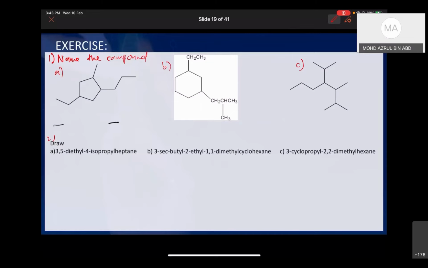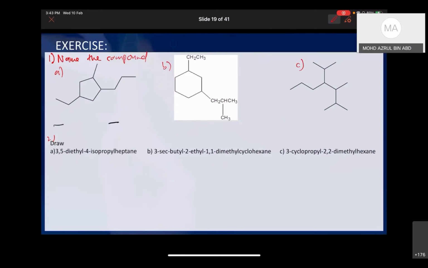Okay. Is it okay? Okay. For compound number 1, what is the name of this compound?